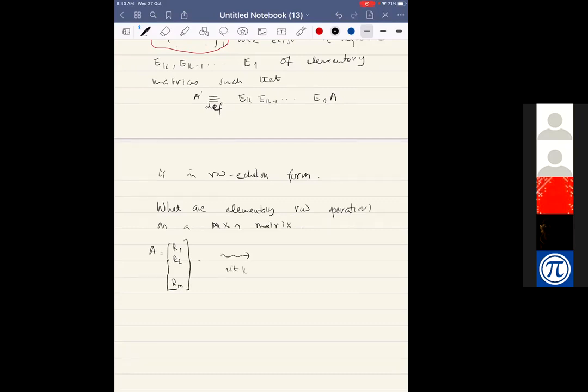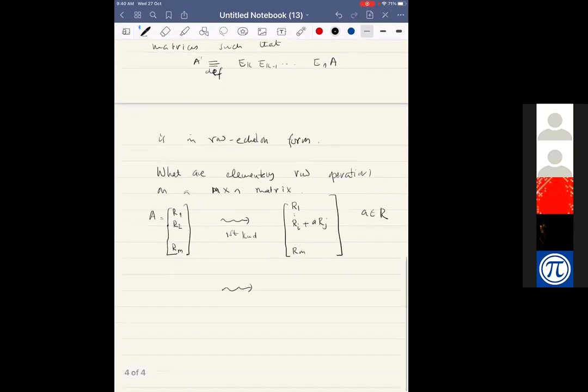First kind, A goes to R1, ..., Ri plus a Rj, ..., Rm, where a is a real number.